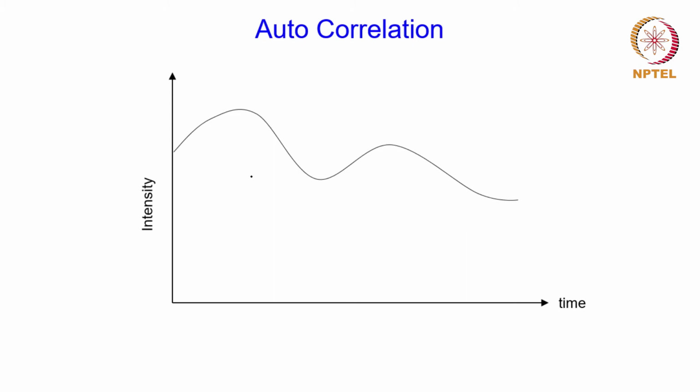So let's say you have a signal like this, okay, and there is some variation in the intensity because this is what we are trying to capture, the intensity variation with respect to time.